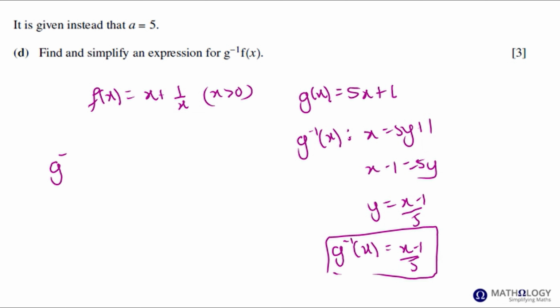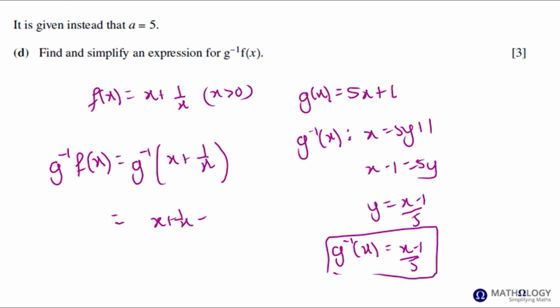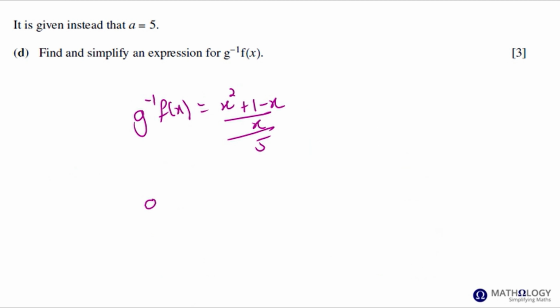So g to the minus 1 of f is g to the minus 1 of x plus 1 over x, which is x plus 1 over x minus 1 over 5. Okay, that equals x squared plus 1 minus x over x over.